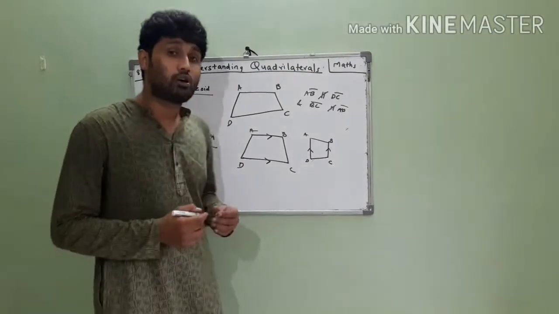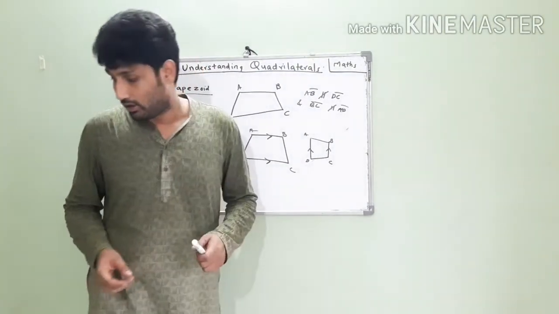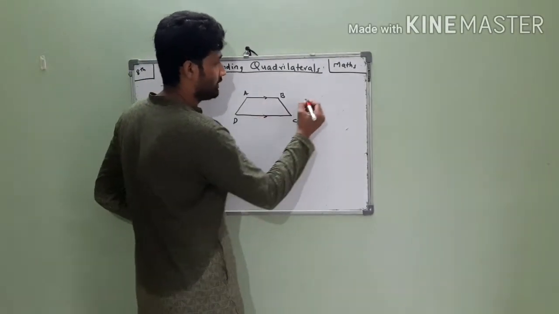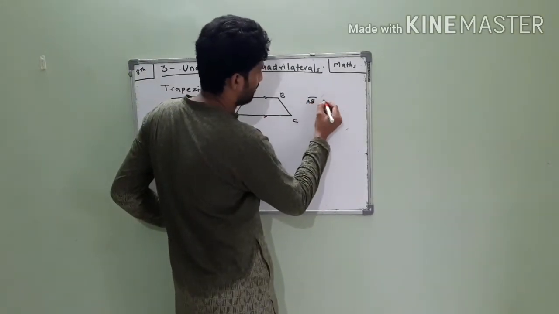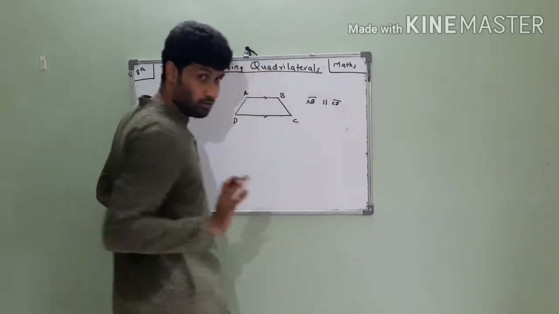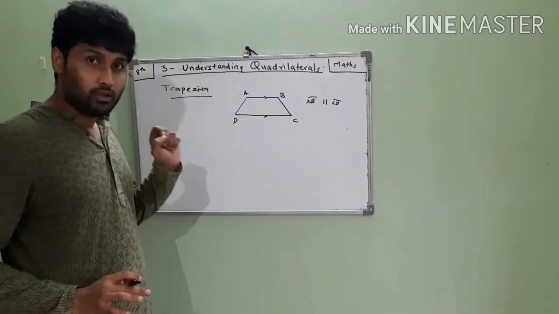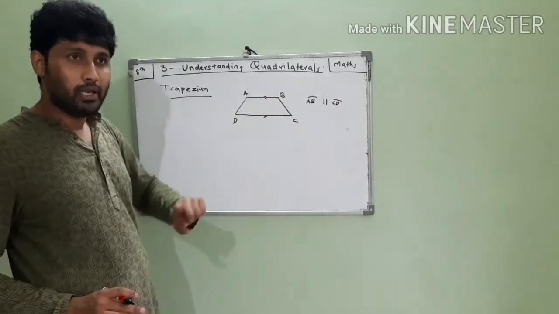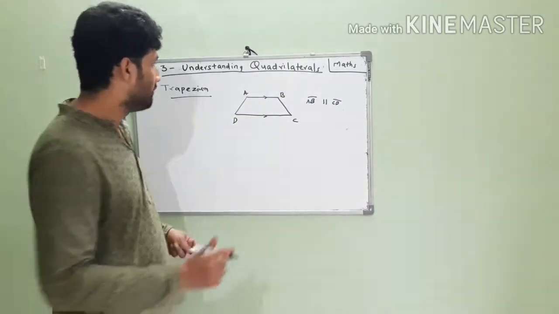Now let us talk about trapezium in a bit more detail. This is a trapezium in which I have AB parallel to CD. Here are some important properties. One pair of opposite sides parallel.